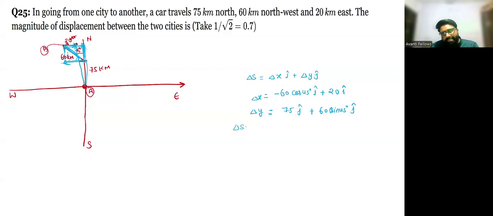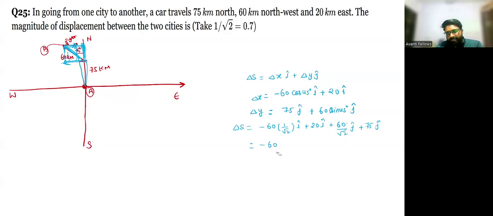Now delta s vector is nothing but delta x i cap plus delta y j cap. So we will mention all the values. Cos 45 is 1 by root 2, so minus 60 by root 2 i cap plus 20 i cap plus 60 by root 2 j cap plus 75 j cap. Now this 1 by root 2 is nothing but 0.7. So we can mention it as 60 upon 0.7.